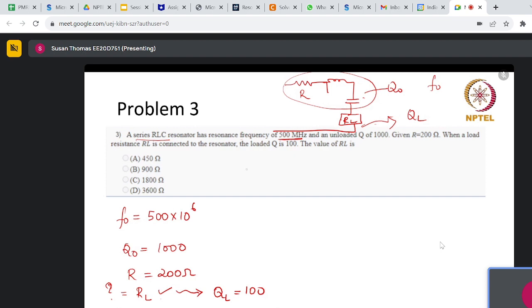So let us write first what is in case of an unloaded Q factor. In case of series RLC, Q naught is omega naught L by R. And QL will be omega naught L by R plus RL. So is there a way to simplify this?